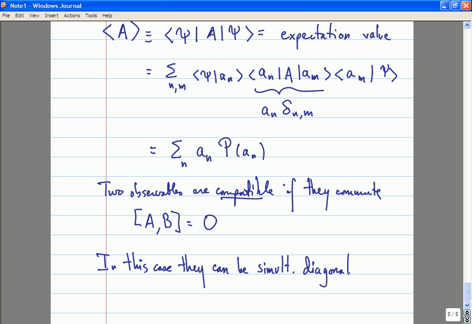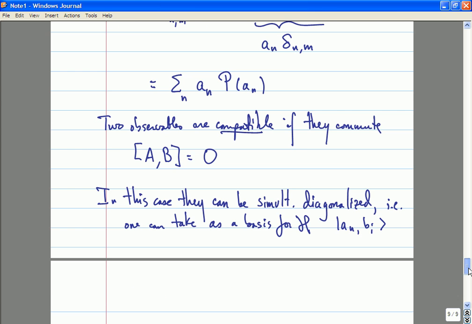Meaning that one can take as a basis for the Hilbert space some set of states, I'll call them |a_n, b_i>, which are simultaneous eigenstates of these two compatible observables.